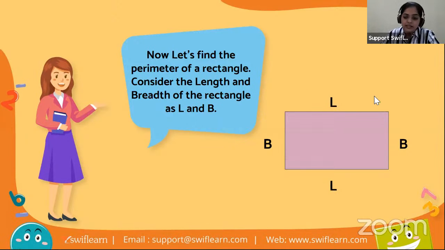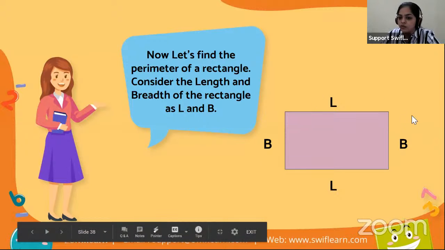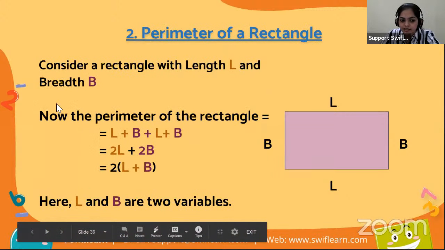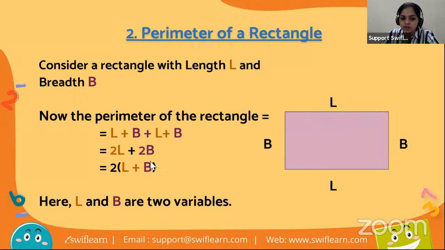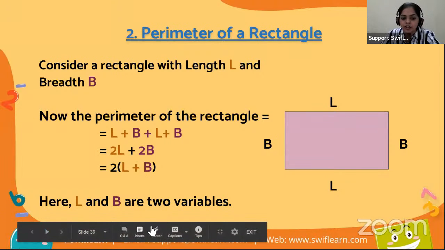And here the sum of all the sides is L, B, L and B. We have to add all these. The perimeter of a rectangle will be equal to L plus B plus L plus B, that is 2 times L plus 2 times B. In all, it becomes 2 times (L plus B).